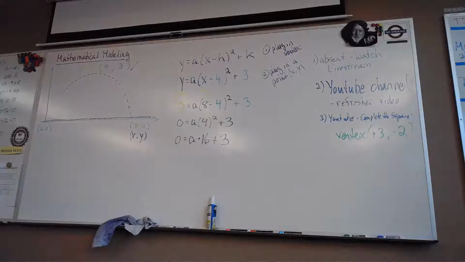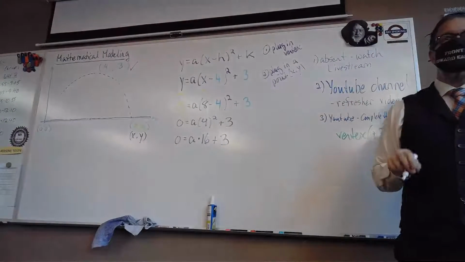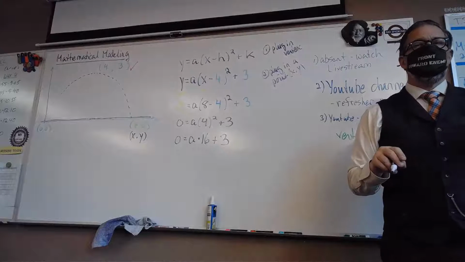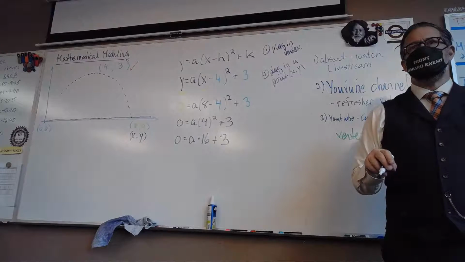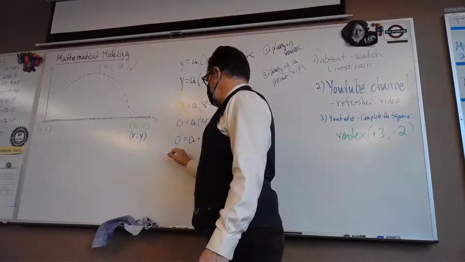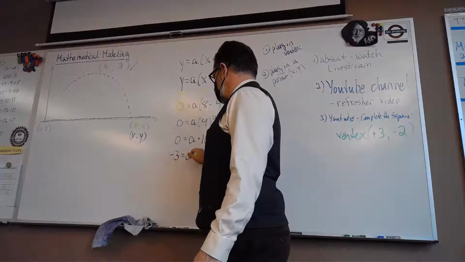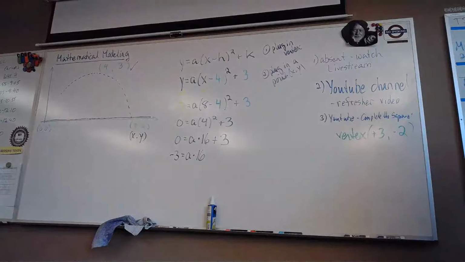What's the next step to solving for A? Alex? What could I do? First step to get A by itself. Subtract 3. Yeah. Subtract 3 from both sides. Eddie, what's the next step for solving for A?